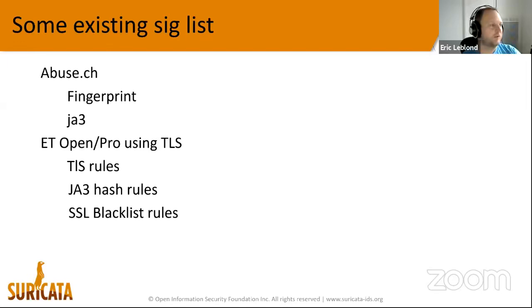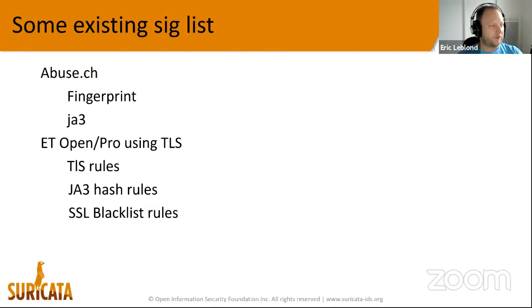That's quite useful to identify bad communication, because you are going to a C&C. It's based on the fingerprint, so they find the individual certificate, and then you've got the JA3 that identifies the server implementation. So it's also an interesting list.